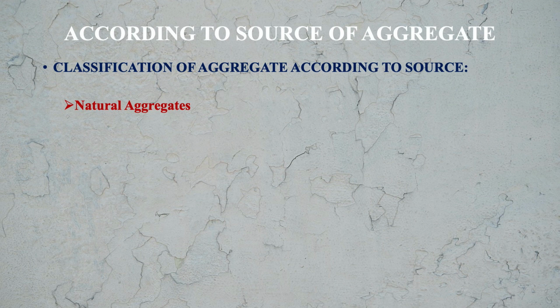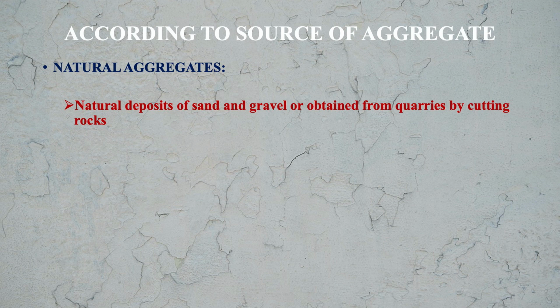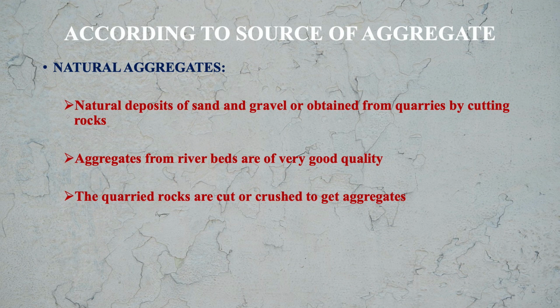Now according to the source of aggregate, there are two categories: natural aggregates and the artificial aggregates. Natural aggregates are the natural deposits of sand and gravel, or are obtained from the quarries by cutting rocks. Aggregates from river beds are of very good quality. The quarried rocks are cut or crushed to get the aggregates.